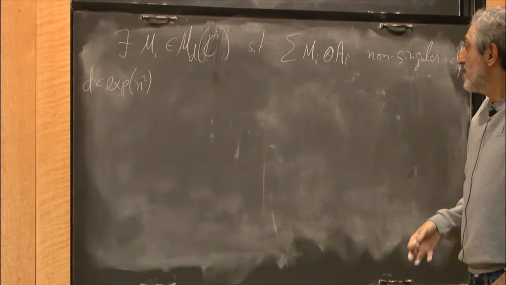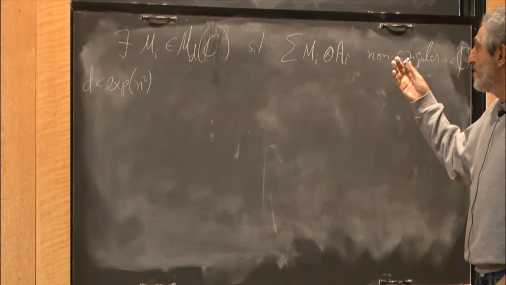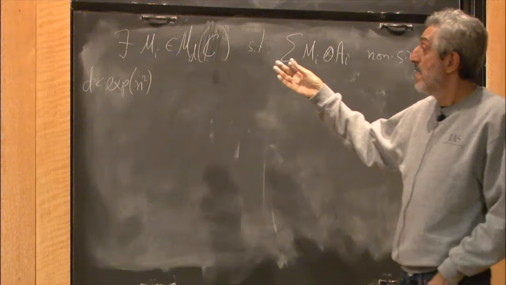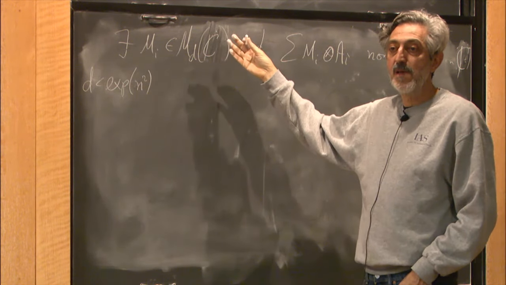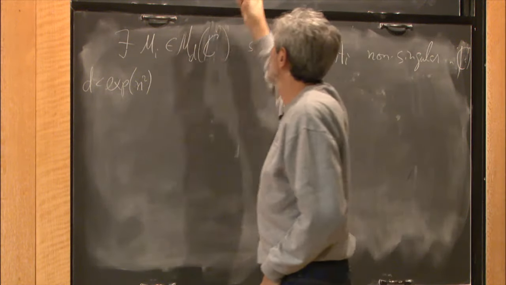So now, the only thing remaining to do is to relate the capacity. So in this thing, we can lower bound the capacity, just from Gurvits' theorem.